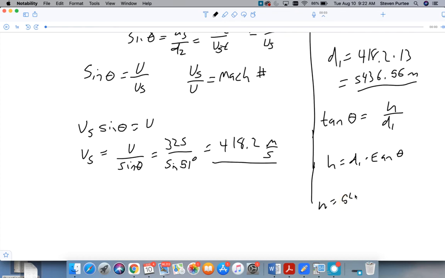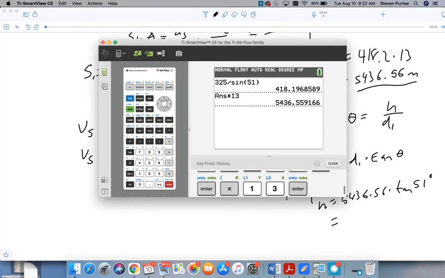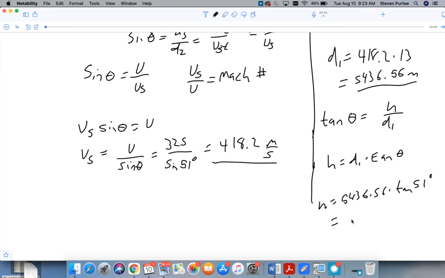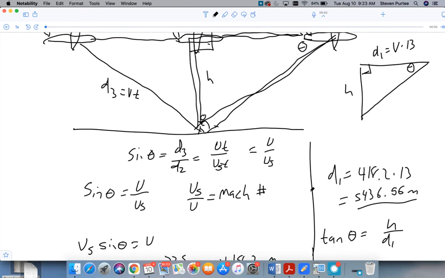So that should be 5436.56 times tangent of 51 degrees. And again, everything's here in our calculator, so I can just do times tangent of 51, and then I avoid any rounding error that might happen in the middle. 6713.59 meters. And there is the height of the plane, which is exactly what we were asked for.